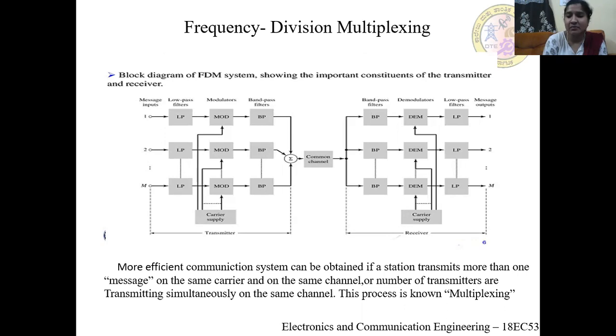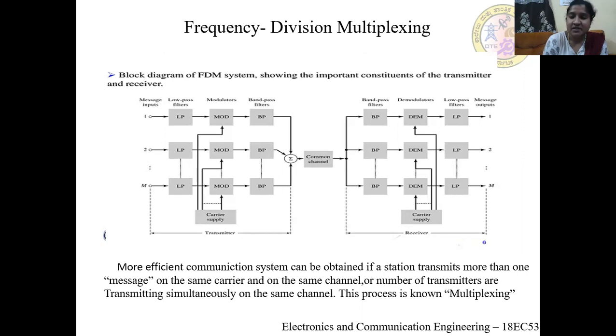The most common method of modulation in FDM, that is frequency division multiplexing, is single sideband modulation, which requires a bandwidth approximately equal to that of the original message signal.